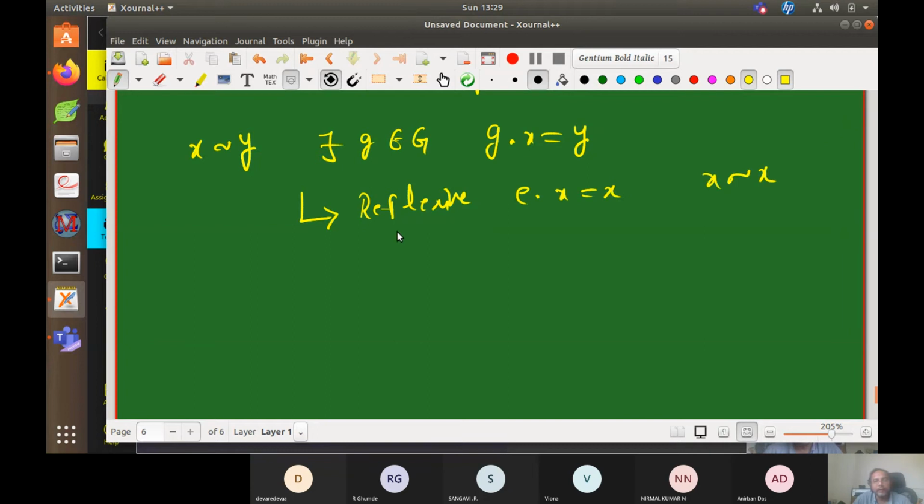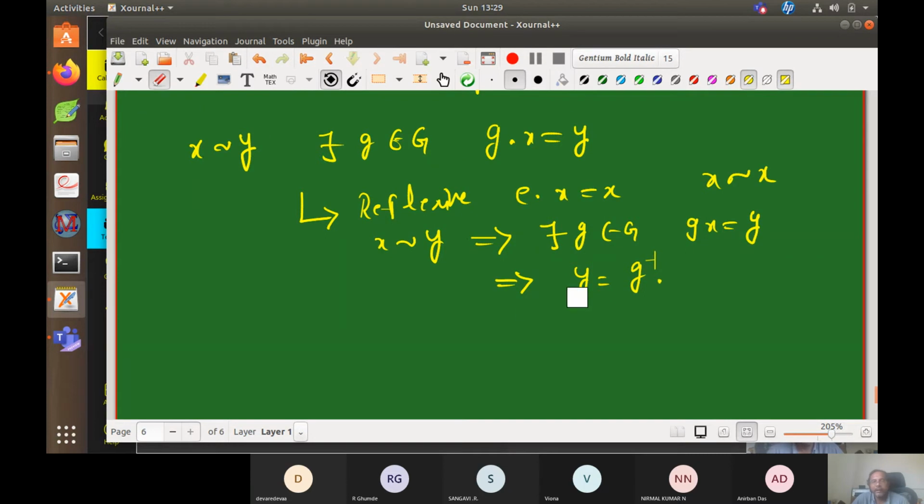Now x is related to y implies, by definition, there exists g in G such that g x equals y. Now again I am using the second property, but it is not coming directly.